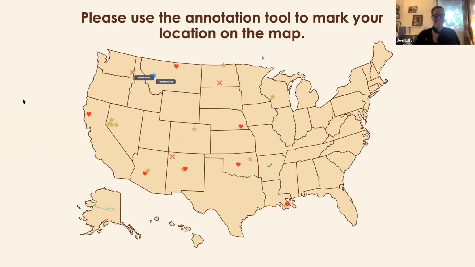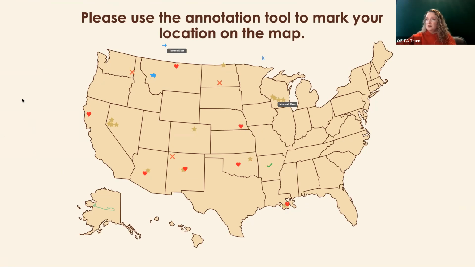Looks like we've got a few kind of all over, lots up north and down south, out west. Very nice. And I don't know if the squiggle means that you're coming from a wide swath of Alaska or that was just your favorite mark. But at least one person from Alaska today as well.